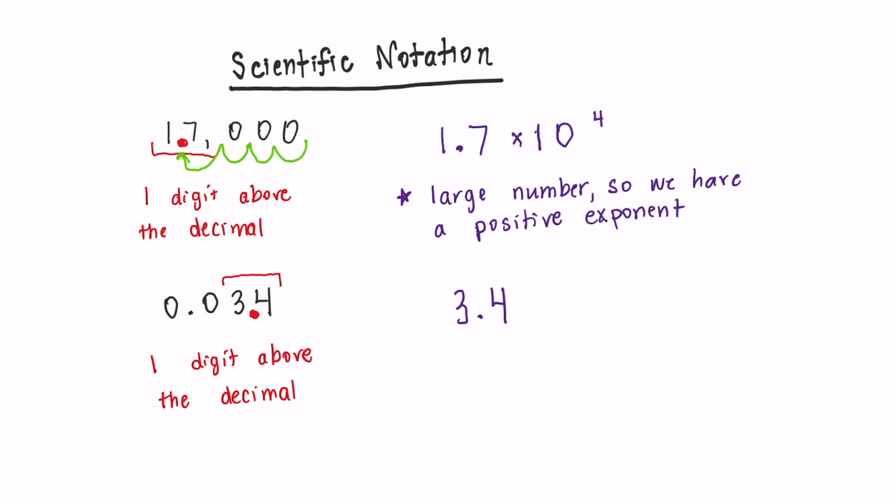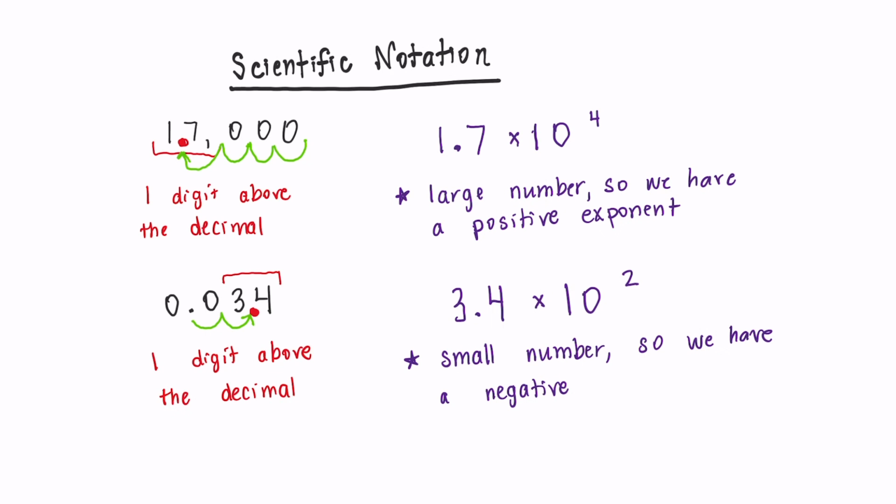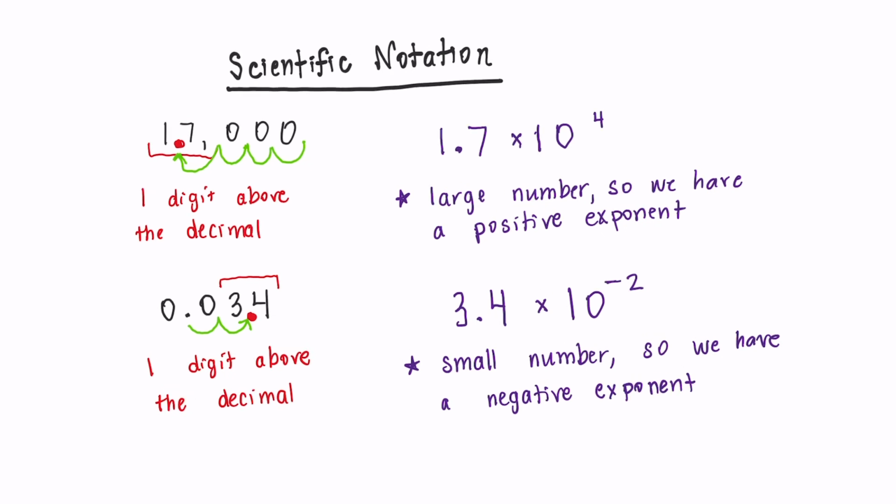In this number, we moved 2 decimal places to the right. And so we'll write times 10 to the 2. Since this is a small number, less than 1, we're going to have a negative exponent. So our final number will be read as 3.4 times 10 to the negative 2.